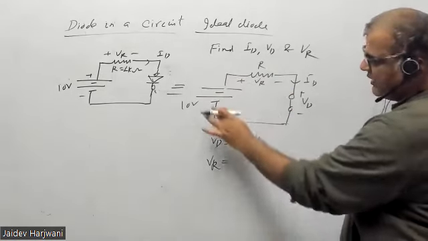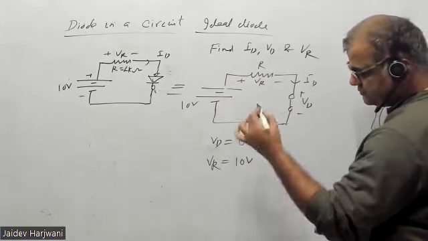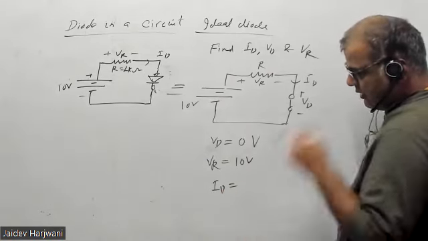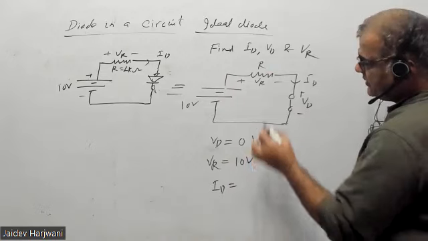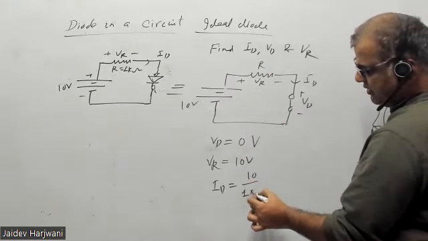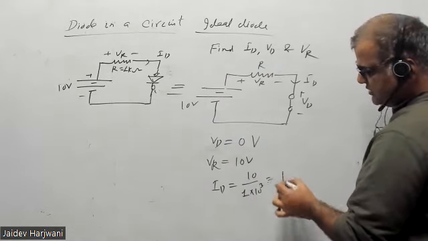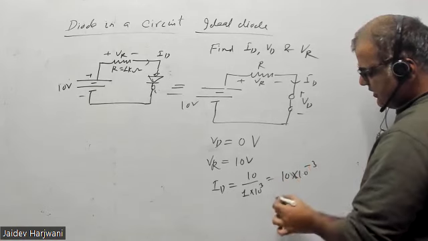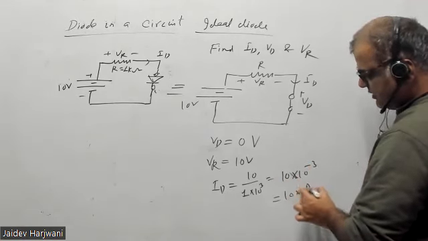So VR is 10 volt. ID is what? 10 volt divided by 1 kilo ohm, that is 10 milliampere, 10 to the power minus 3. 10 milliampere. That easy.